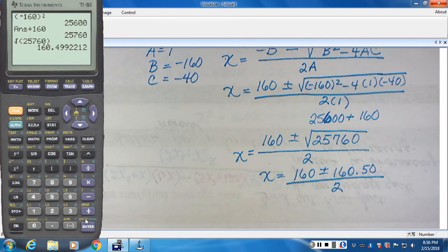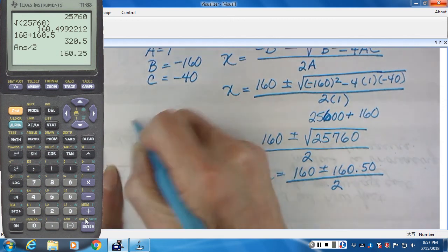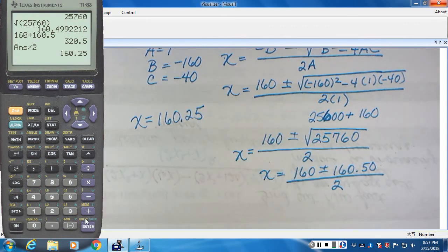So if I take 160 plus 160.5 and I divide that by 2, I get 160.25. And if instead I subtract, I get negative 0.25.